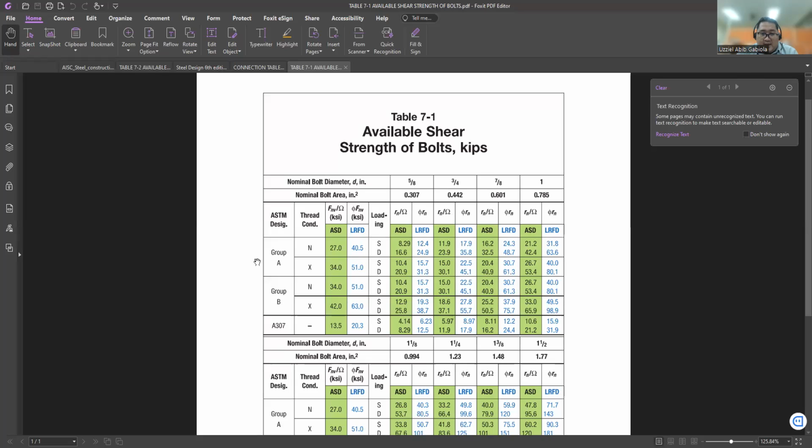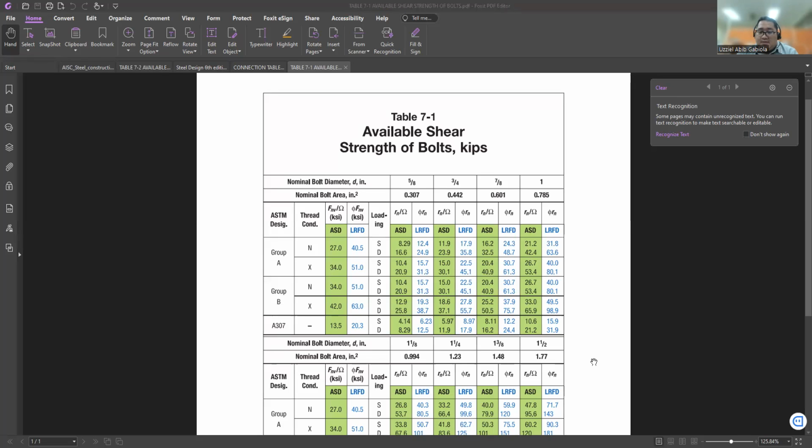So, we have group A. Thread condition natin is N. And then, 7/8 yung diameter natin. So, ang capacity natin per bolt is 24.3. So, VRN, lagyan ko ng sub na V, is 24.3 kip per bolt. Okay? So, yan yung sa ating shear capacity.